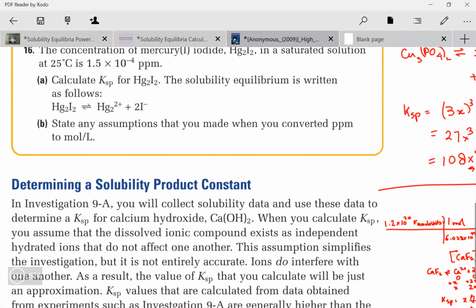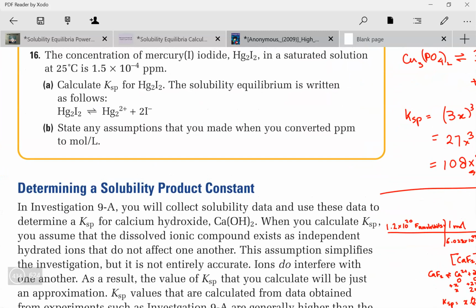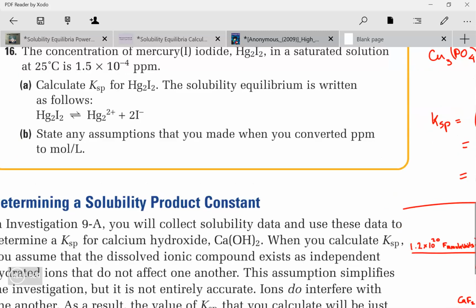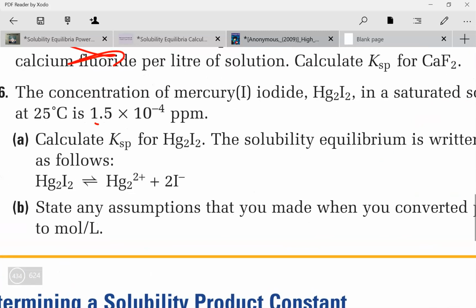Okay, I have a solution in parts per million. This is an interesting question. Calculate Ksp, stating the assumptions that you made when you converted ppm to mole per liter. So, okay, what is the definition of parts per million?